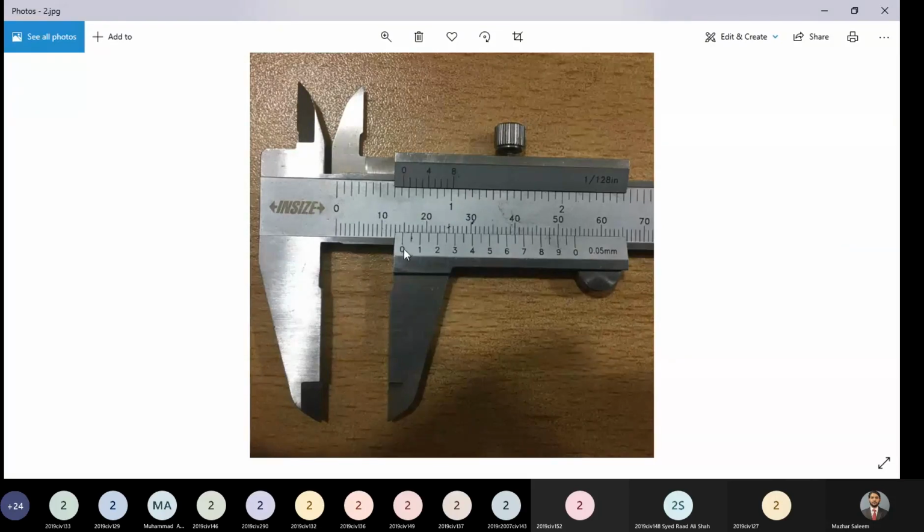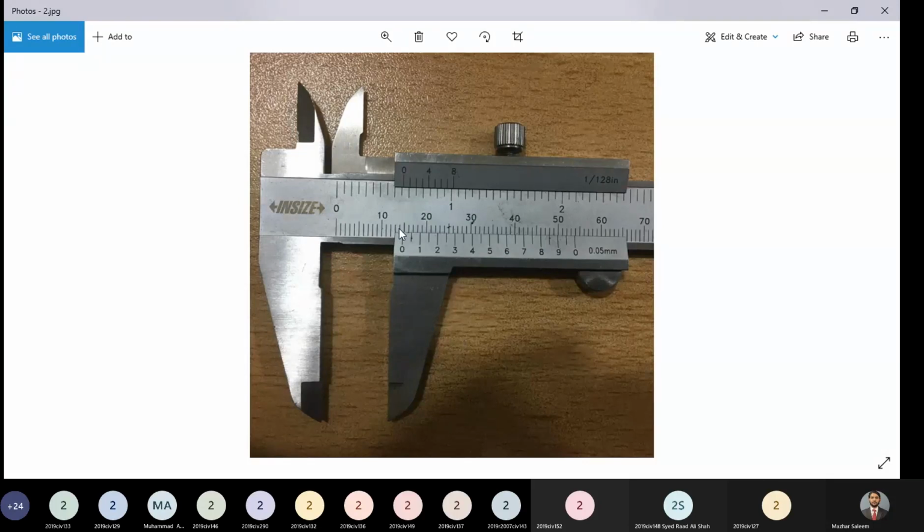So this is 0 of the vernier scale. Whenever you want to read from vernier calipers, you need to see how many readings on the main scale are present prior to the 0 of the vernier scale. So in this case, this is 10 millimeters, 11, 12, 13, 14. So the main scale reading in this case is 14.